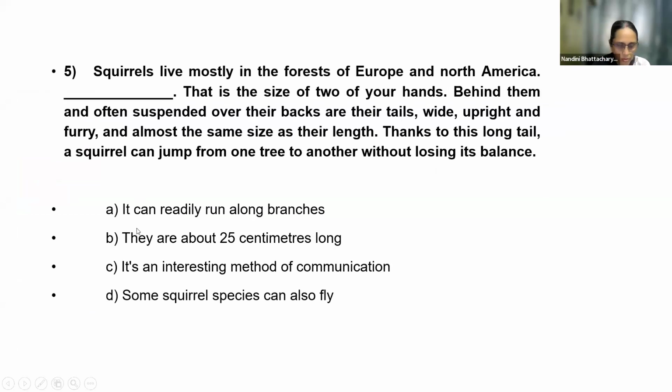You can do it from your book or just on the screen. The sentence is missing, which is in the middle of the paragraph. Now both of you will read and get to the answer and then we will discuss. Fair enough?